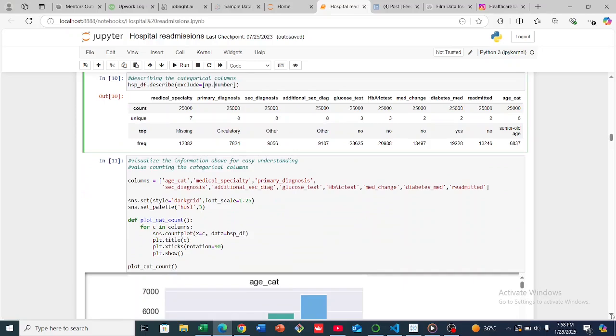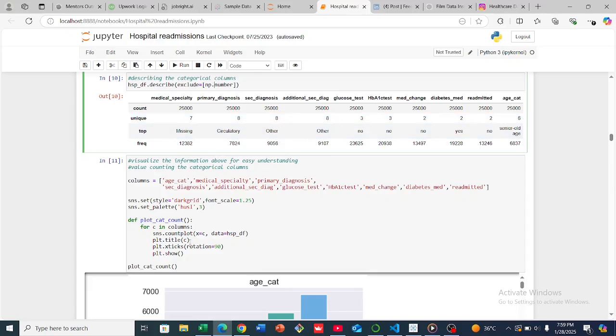Then the next thing I did was to visualize my information above for easy understanding. So aside from this table, I want to create a graph so that we can easily just look at this graph and understand what our data is all about.